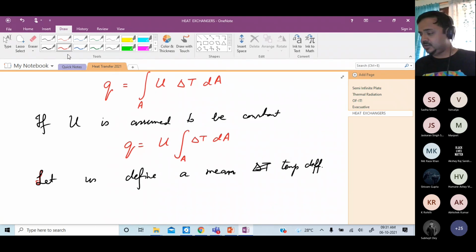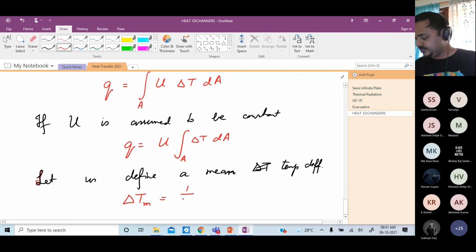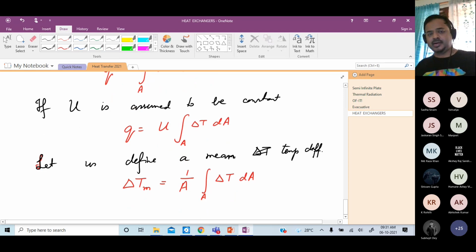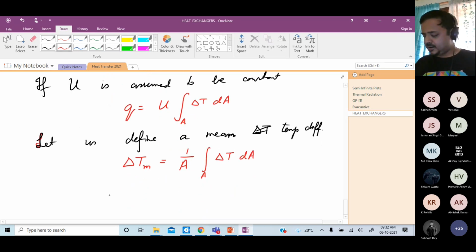In that case, delta T_m is 1 over A times the integral of delta T dA, and Q equals U A delta T_m.